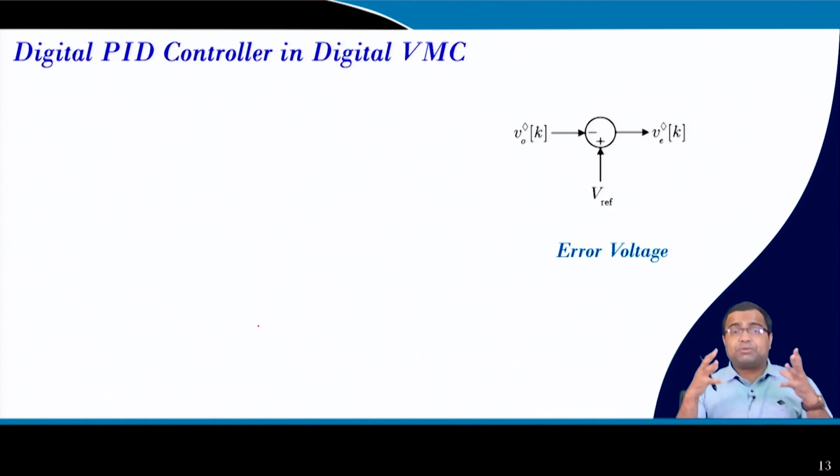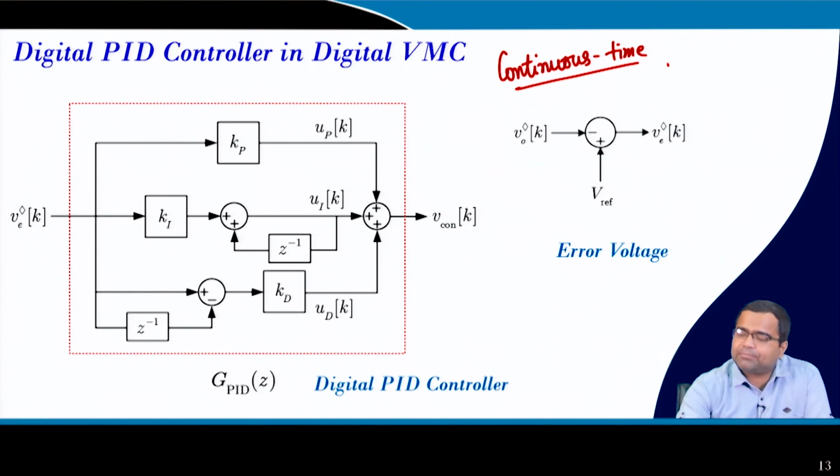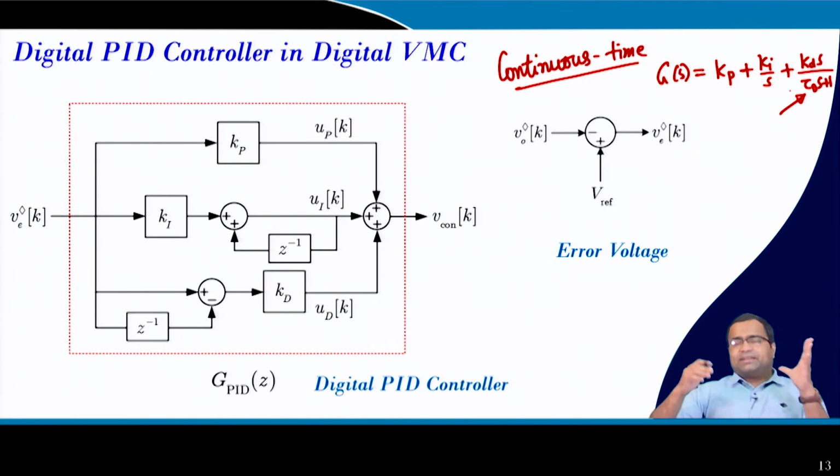Now, suppose we want to implement a PID controller, that we discussed. If you want to implement a PID controller, we know in continuous time a PID controller, that means G of s, is generally Kp plus Ki by s plus Kd s by tau d s plus 1, and this is my derivative filter.